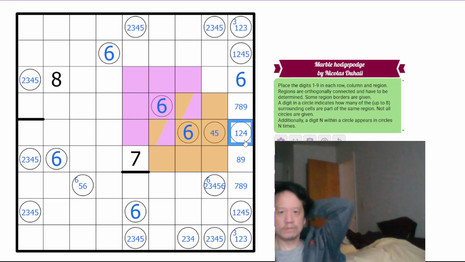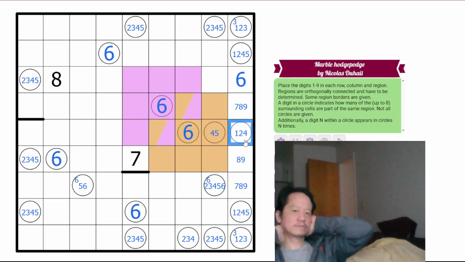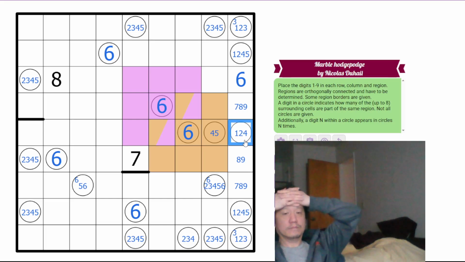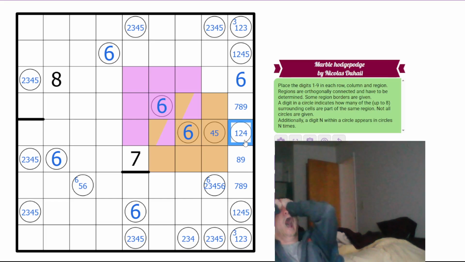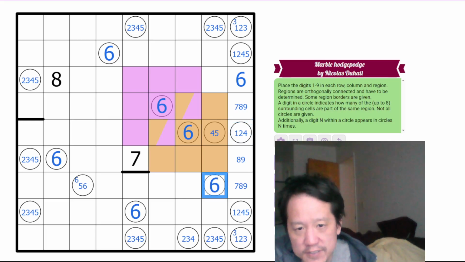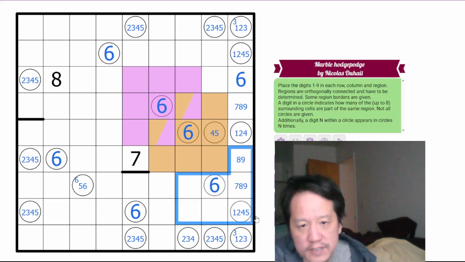This could be 1. Oh, that's interesting. If this is 6, that means this has to be its own separate region too, right?